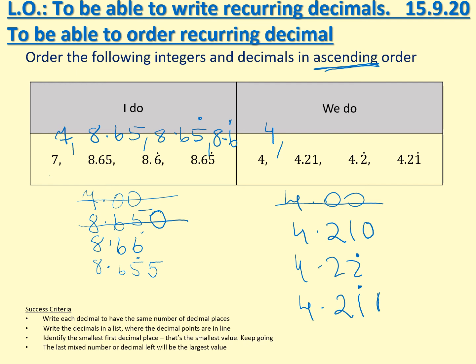So we can see that this is 0, this is 1, so this one is larger, this one is smaller, that's why this one is next. So it's 4.21. Next one is 4.21 recurring, and the last one is 4.2 recurring. If that's what you've got, well done.